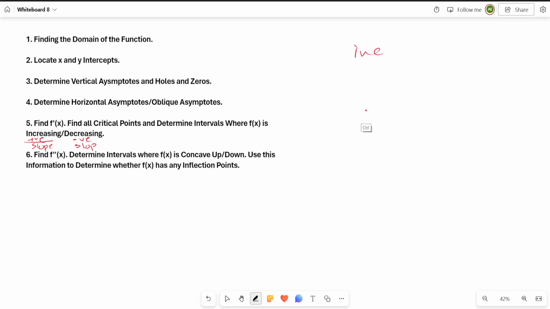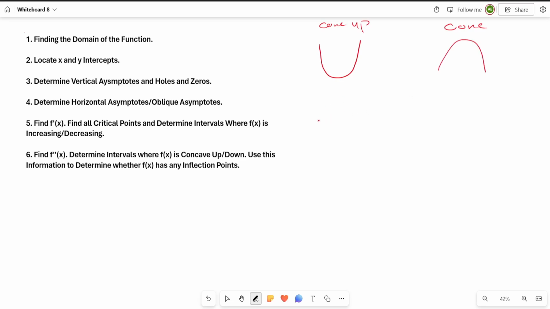The second thing is finding the second derivative, and determining the intervals where f of x is concave up and concave down, and if there are any inflection points. Concave up is where the function looks like this. Concave down is when the function is looking like this.